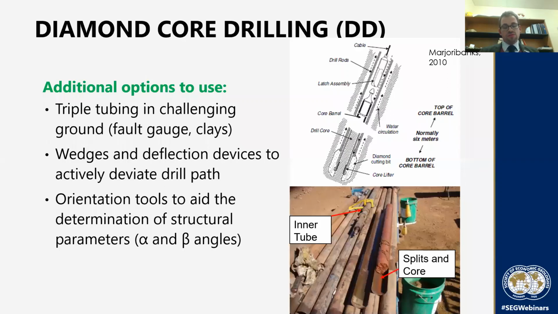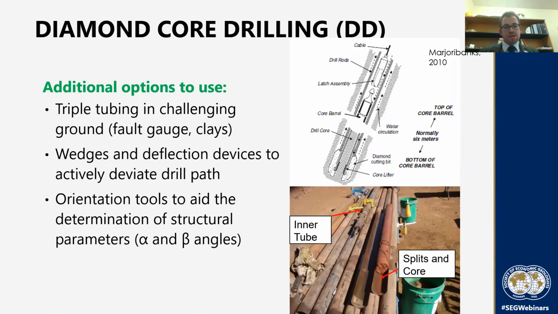Now, if you drill through such a zone without any support, like triple tubing, which looks like two detachable halves of metal tubing in the bottom photo, you will encounter problems in core recovery.